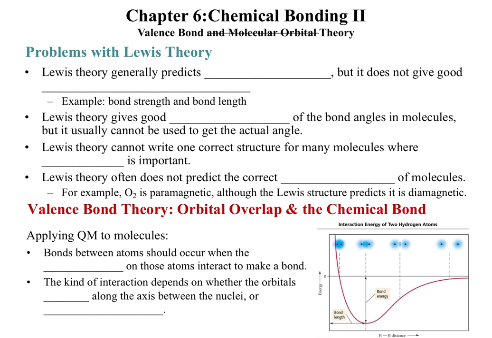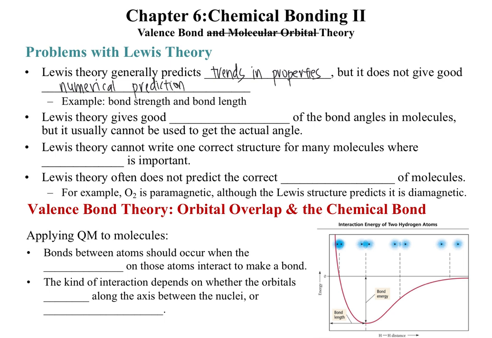Some of the shortcomings of Lewis theory are that it's pretty good at predicting trends in properties, but it doesn't do a great job of giving numerical predictions, so actual values like bond strength and bond length.